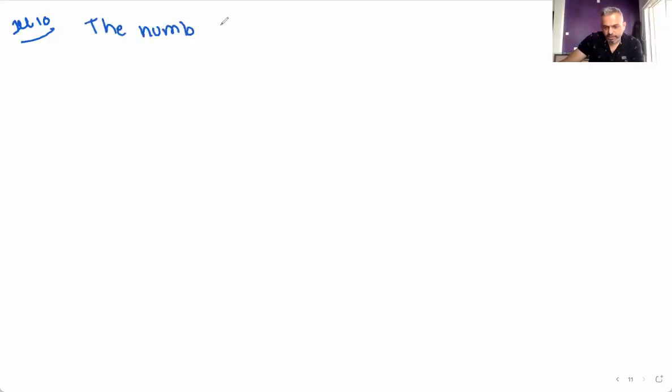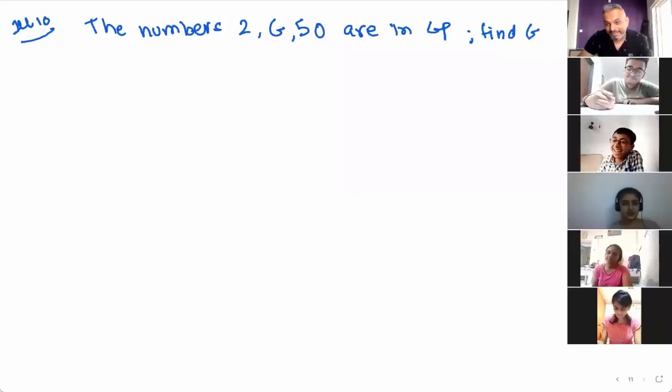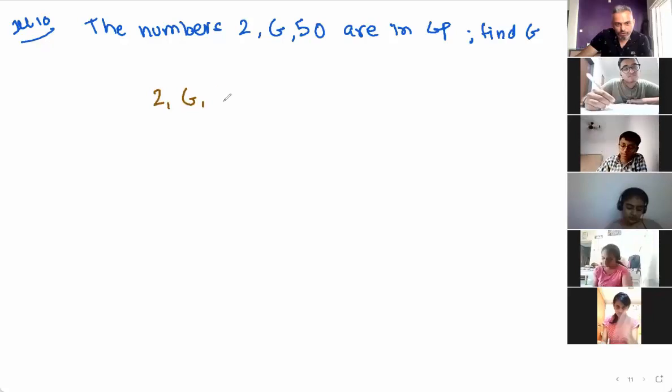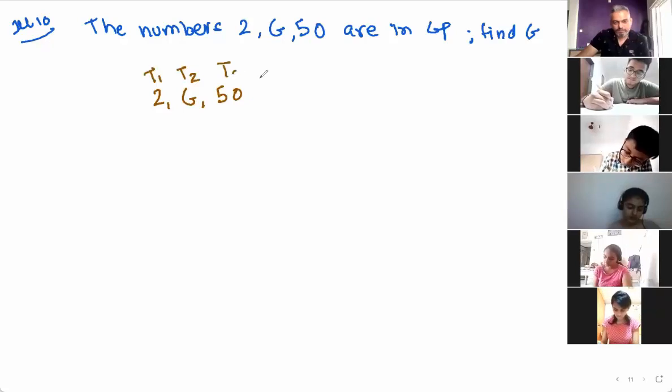I write the question: the numbers 2, G, 50 are in GP. We have to find G. Did everyone understand? Now, these are the three numbers. Okay, first let me write the three numbers here: 2, G and 50. So 2 is T1, G is T2 and 50 is T3 because they are all in geometric progression.